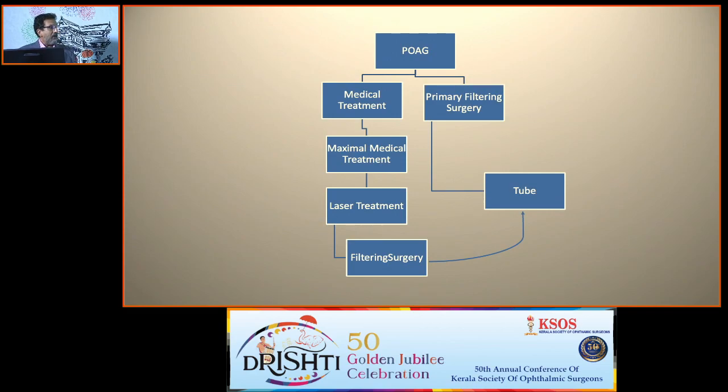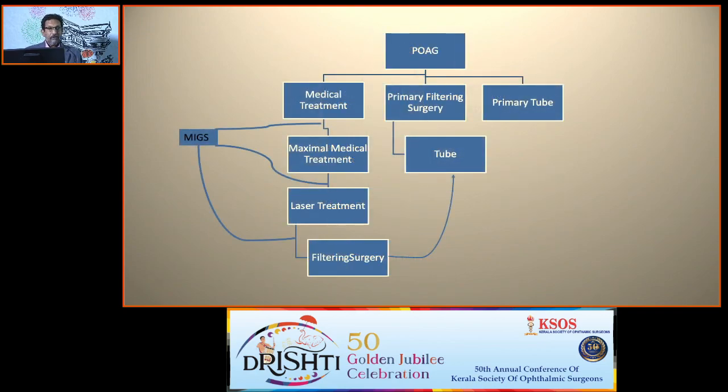And this is what our current flow chart looks like. And if you decide at the first diagnosis whether you're going to go for medical treatment, then primary filtering surgery or primary tube, it would look something like this, and MIGS would have a role in intervening at various stages of this.